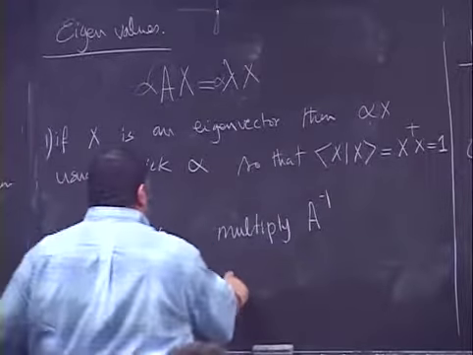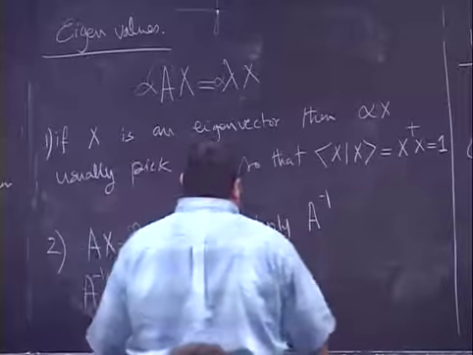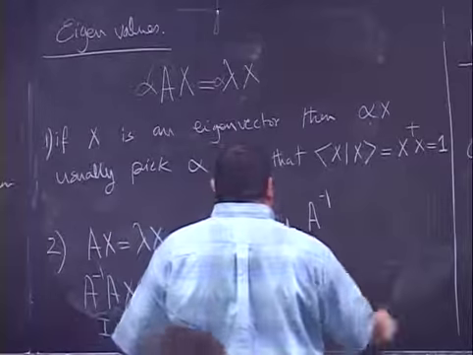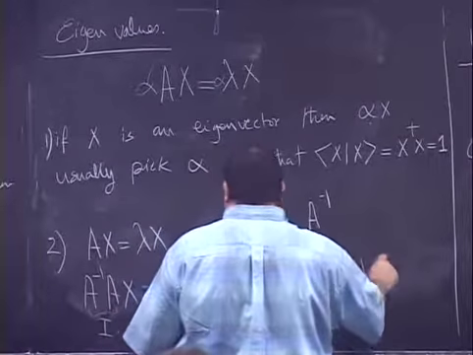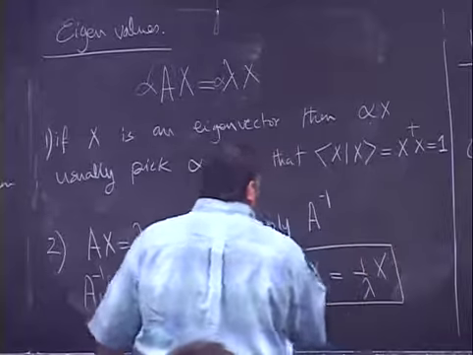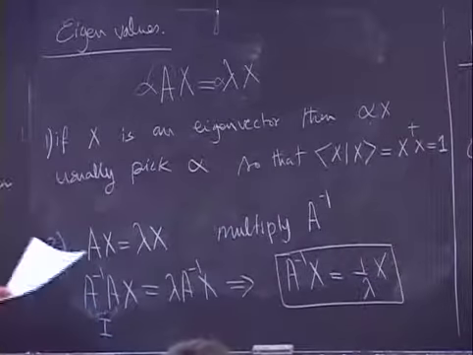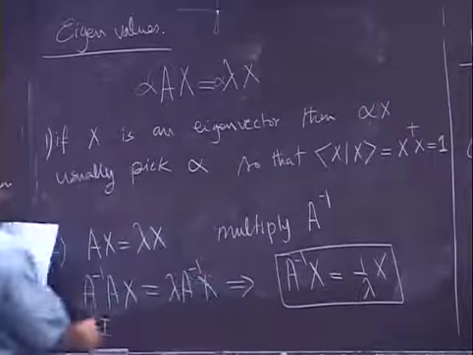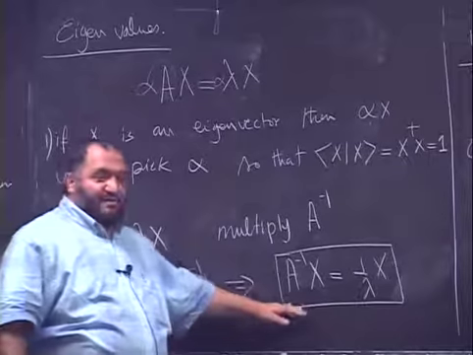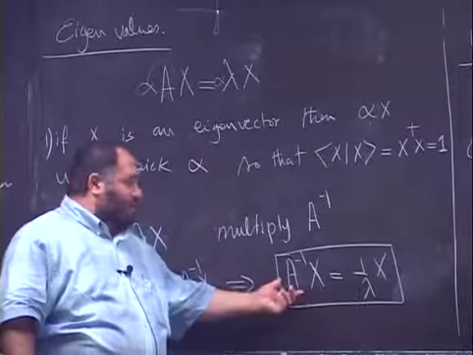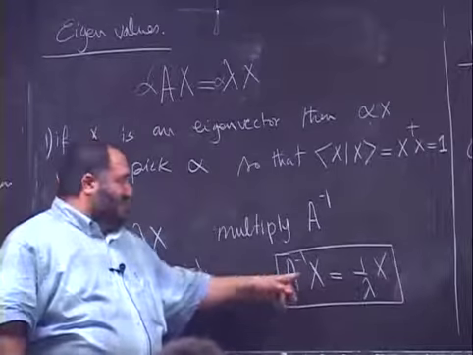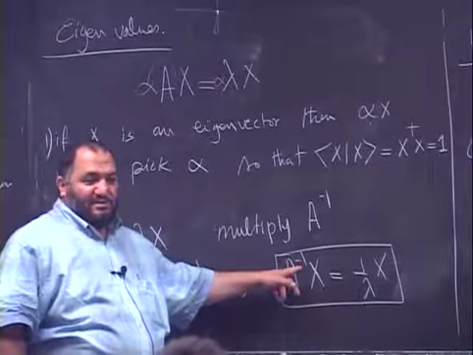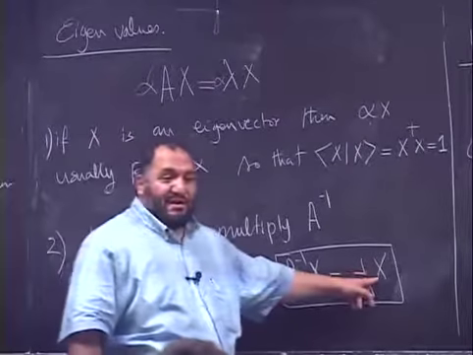I. So this will give you A inverse operated over x equal to 1 over lambda multiplied by x. What does it mean? Same eigenvalue problem, but now the operator is the matrix A inverse, and I will have the same eigenvectors.